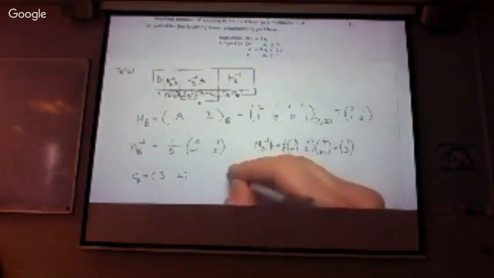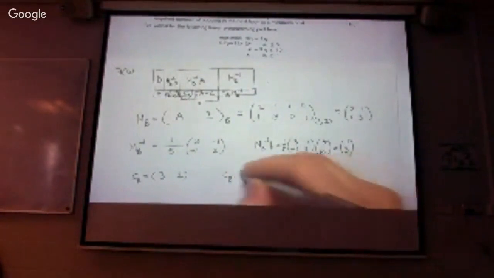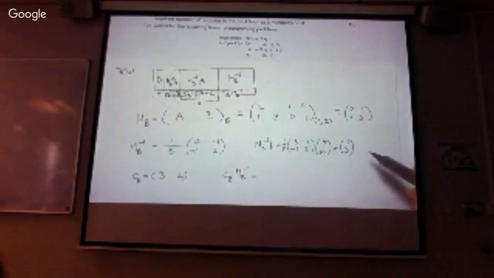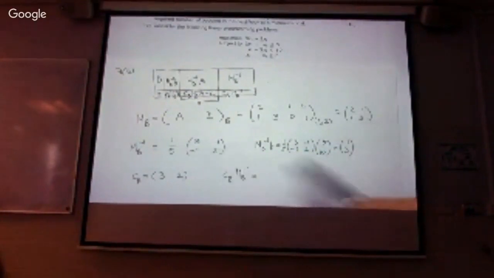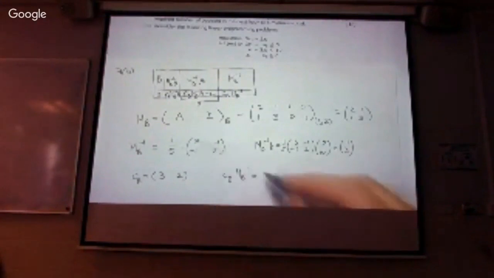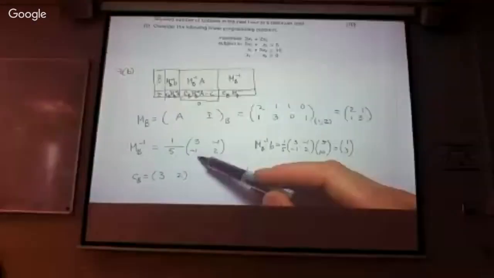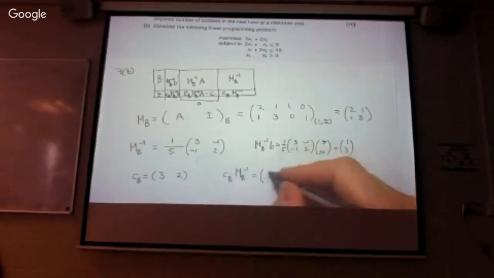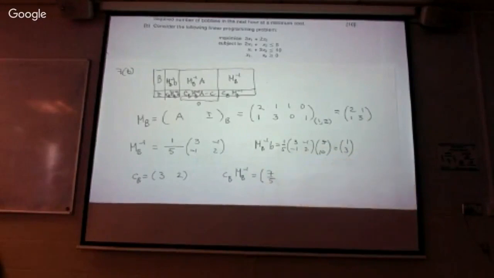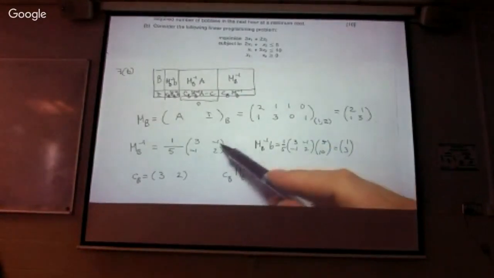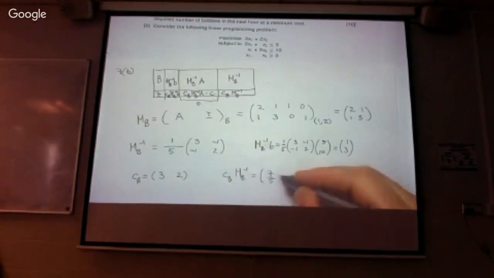And CB times that matrix, so you get 9 minus 2 is 7, I think. So it should be 7. Minus 3 plus 4 is 1. So it should be 1.